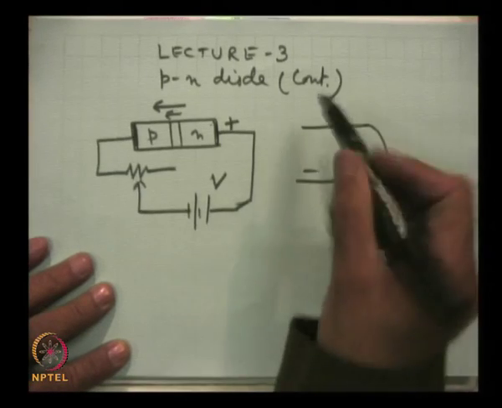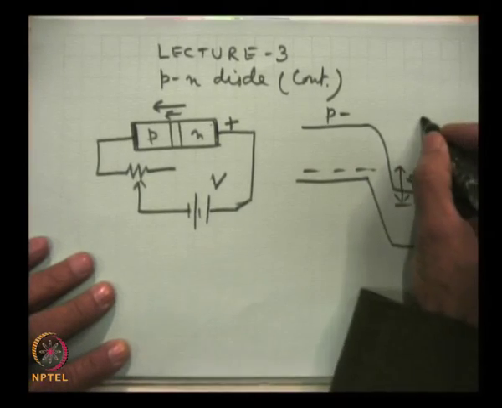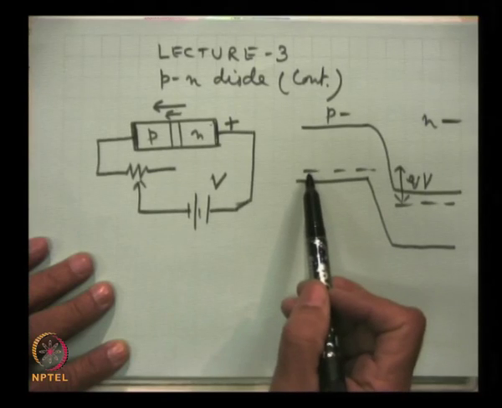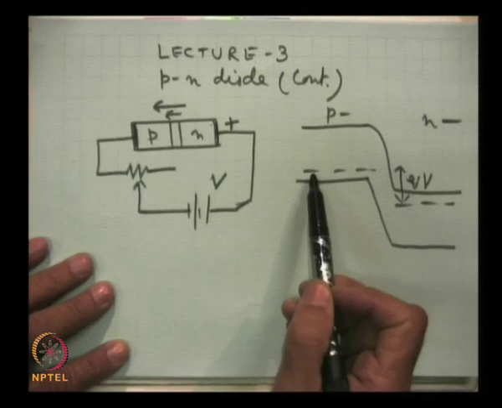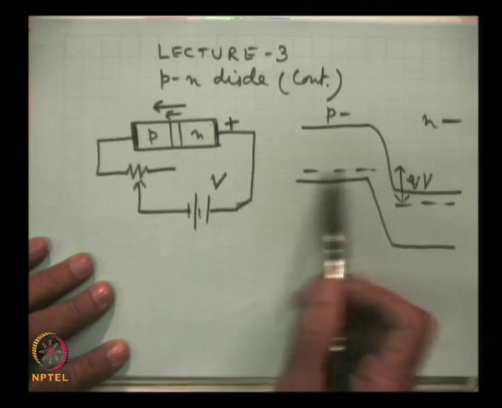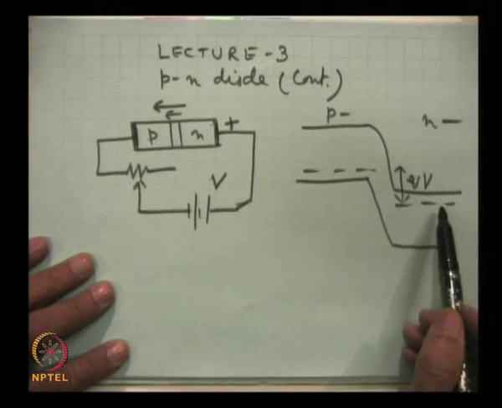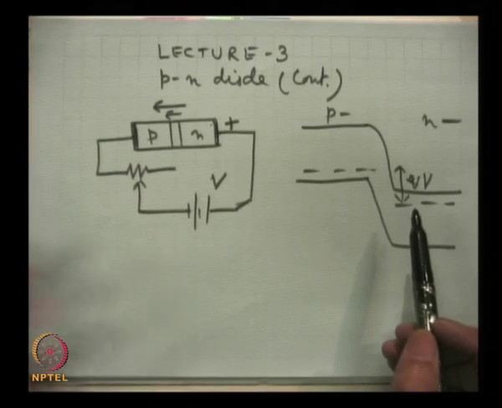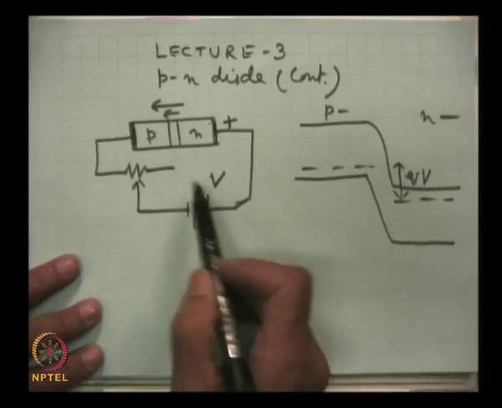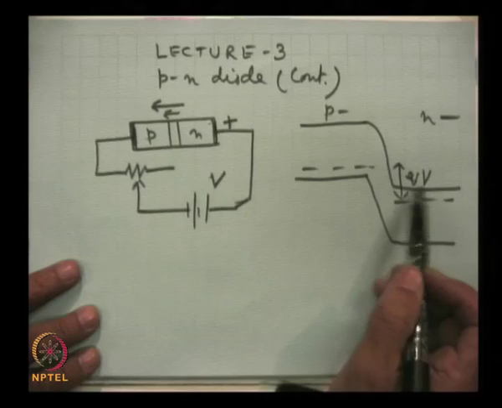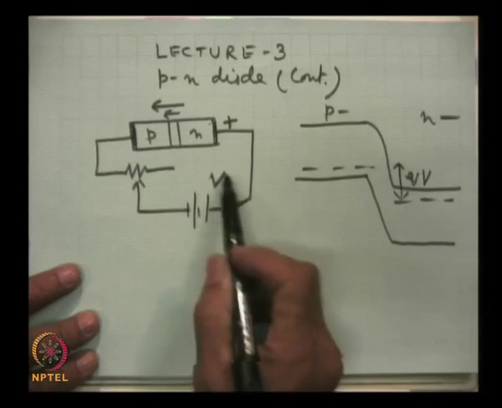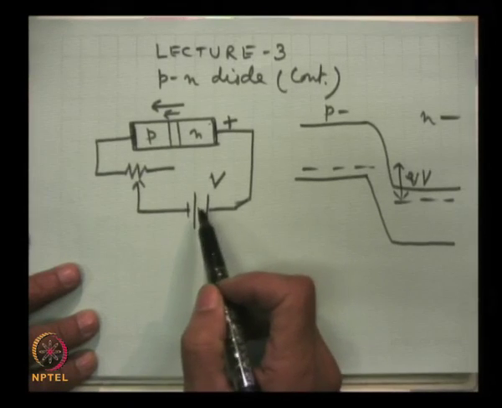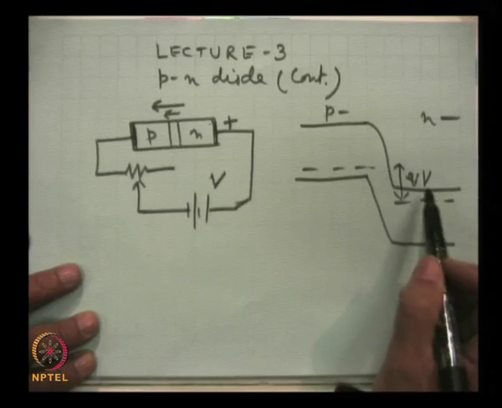This is the p side, this is the n side, and this is the Fermi level of the p side, and this is the Fermi level of the n side. Again they are separated, they were aligned together when there was no applied field. So, this separation is equal to the energy equal to the applied voltage V, and that is qV.